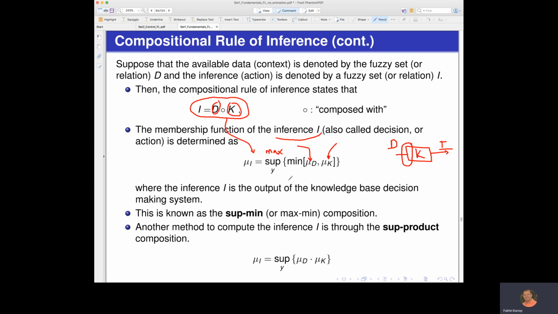So inference I, which is denoted by I, is the output of the knowledge-based decision system. Remember that this particular output of the engine is going to be itself the input of the process. So the inference is now going to go to the process and is going to be subject to a certain type of change. And the process is going to give us an output, and that output is going to go in a feedback loop again to the engine.